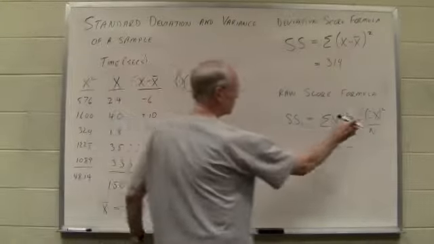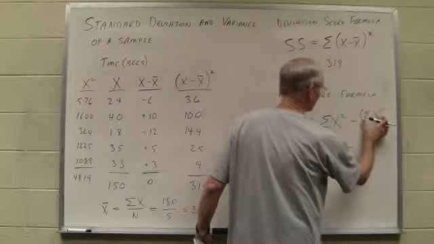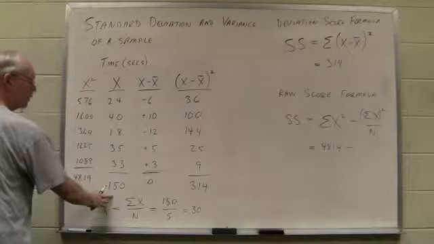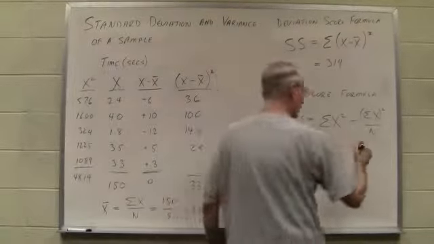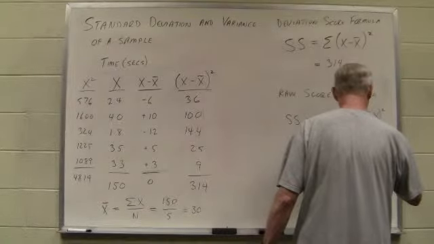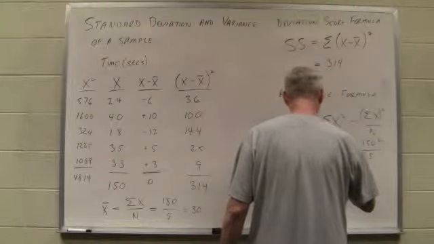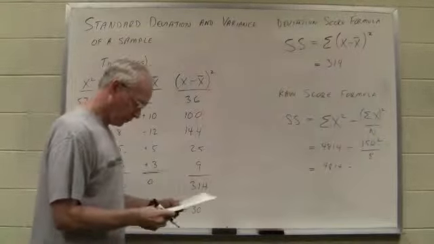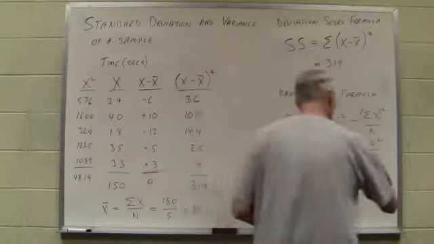Next step is to take the sum of all the raw scores and take that quantity and square it. Well, we already have that. 150 squared divided by n, which is 5. So 4814 minus, well, if we square 150, we get 22,500.